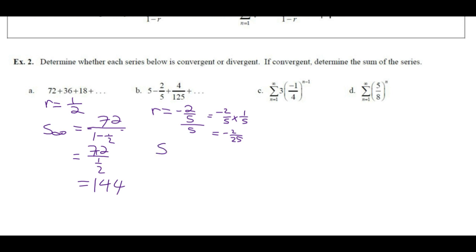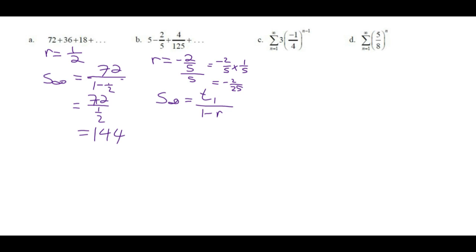So the sum to infinity is, not going to mess up this time, I'll put the actual formula down. It's t1 over 1 minus r. Now we can fill in values.